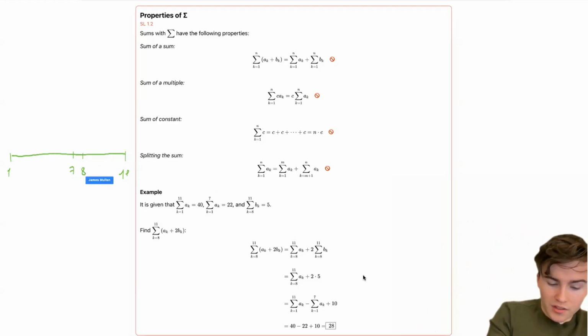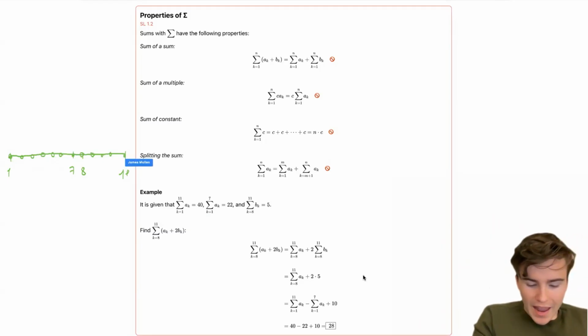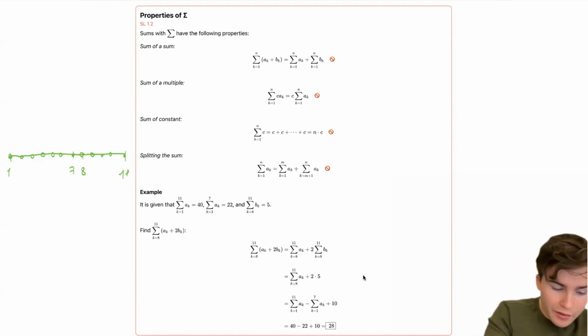So the sum from 1 to 11 is all of these terms together. And the sum from 1 to 7 is only these ones here. And I'm looking for the sum from 8 to 11, which is the remaining terms here: 8, 9, 10, 11.